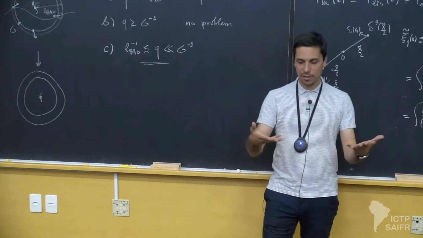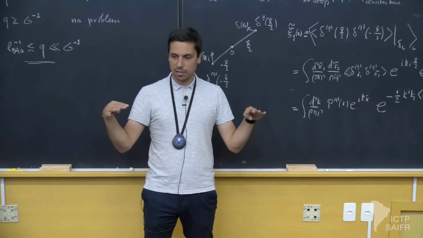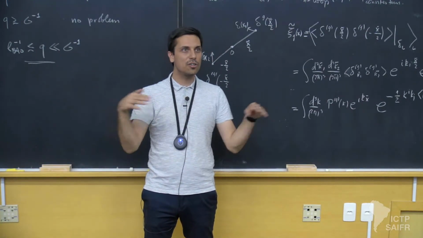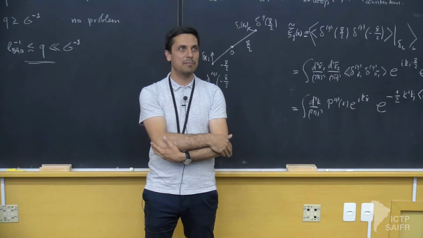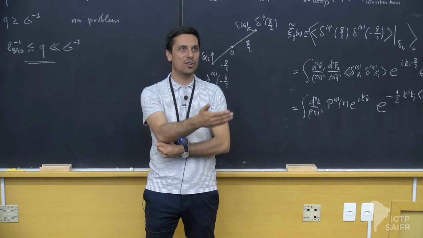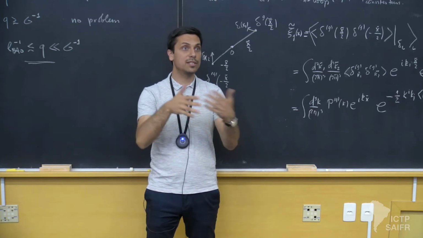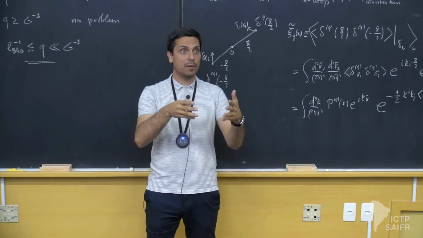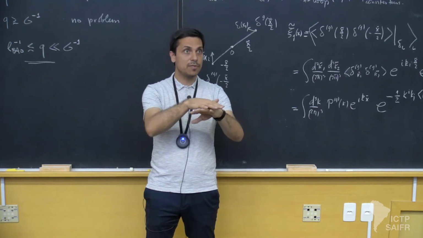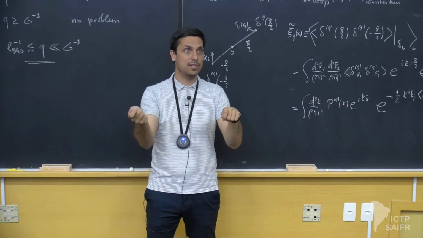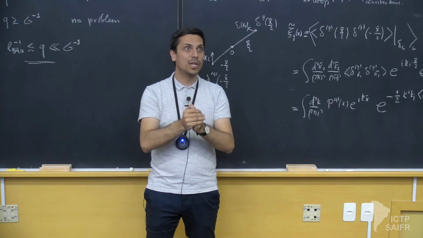In LPT, if you calculate the displacement field and just move the particles, they can cross through each other. There is no problem there. So I think there is even less of a problem, and some people are even trying to go beyond the nonlinear scale, exploiting this fact. The real problem with LPT is that if you try to convert displacement fields where there is a shell crossing to densities, then there is a Jacobian which becomes infinite.